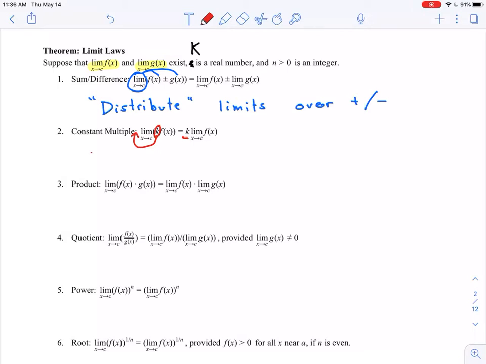So again, for lack of a better word, we can factor out constant multiples. And this is something that as we get further and further in, you'll start to do without even realizing that you're doing it. But this is a really important underlying property here.